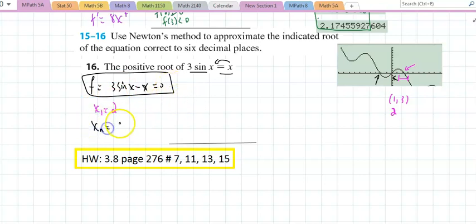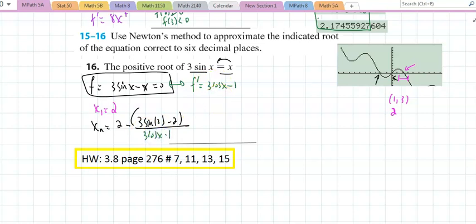x sub n is 2 minus 3 sine. Make sure your calculator is in radian mode when you graph or when you do this. The derivative of this would be 3 cosine of x minus 1.